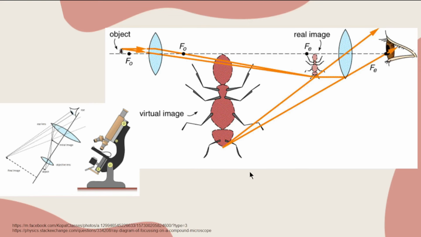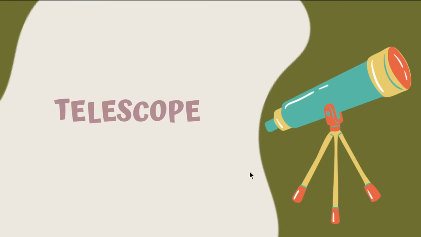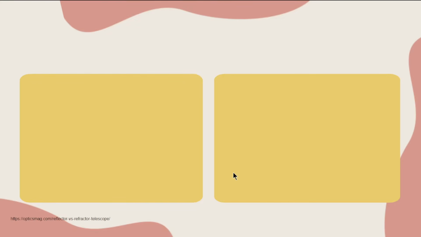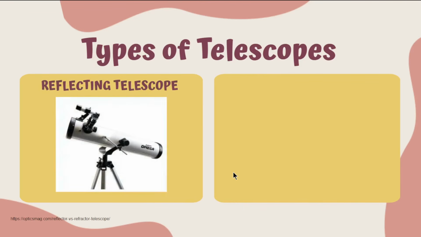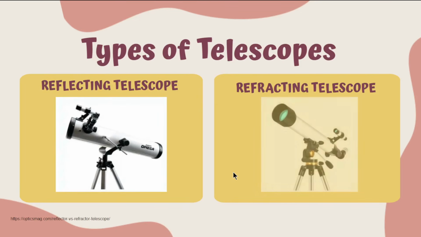Now, the third type of optical instrument that we will be discussing today is the telescope. The telescope also has an eyepiece lens and an objective lens. And we have two types of telescopes. First is the reflecting telescope and the second is a refracting telescope. So, pag titingnan po natin yung kanilang itsura, hindi natin makikita yung kanilang difference.